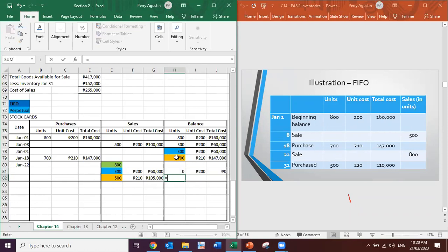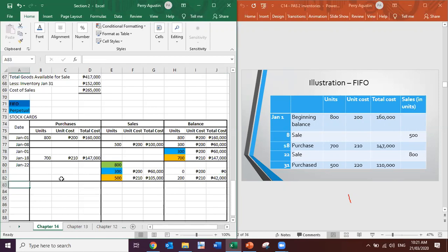Ilan na lang yung natira para sa 700? 700 minus 500. So that's 200 units. That is how much? 210 pesos. And then we just simply multiply the two. So 200 times 210. Yes, so that's 42. Says you were right, 42,000 na lang yung natira.